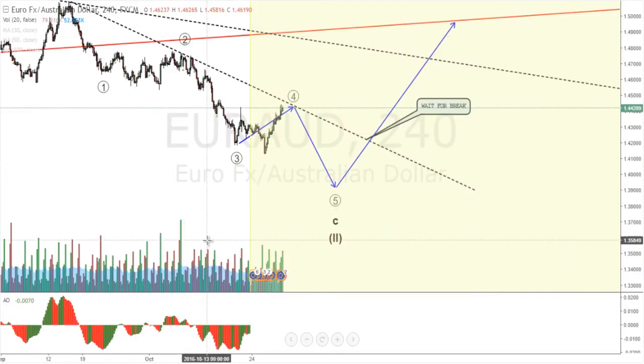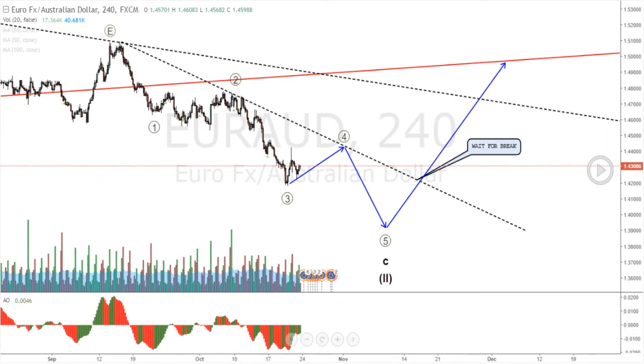This one is 6 days ago. I entered here a long time ago, so I'm waiting for retracement and then a break up, but I still think we're on a wave 2 correction and it's still going to go down.